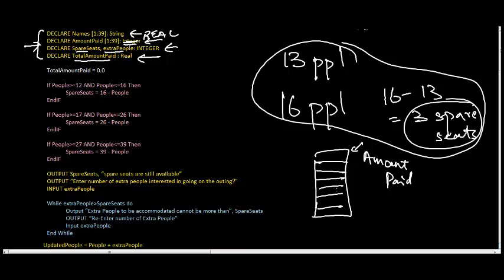The cost per person that was going to be paid by senior citizens was entered here. The total amount paid will add up all these amounts, and that value will be stored in the total amount paid. So that is what total amount paid is going to hold.